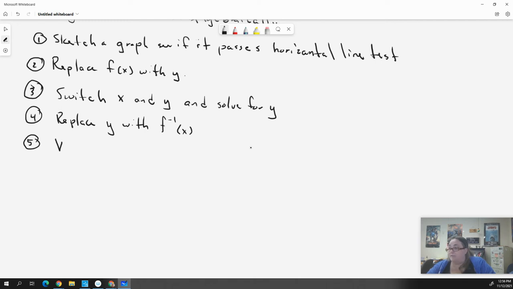So you're going to have to now verify f of f inverse of x and f inverse of f of x. Basically what we were doing earlier this week.